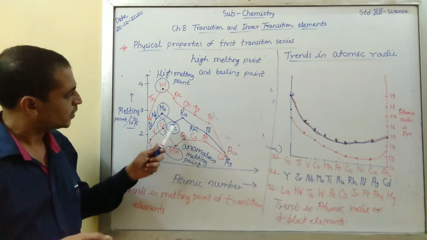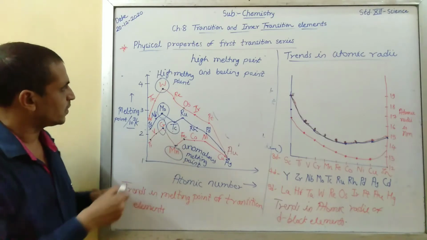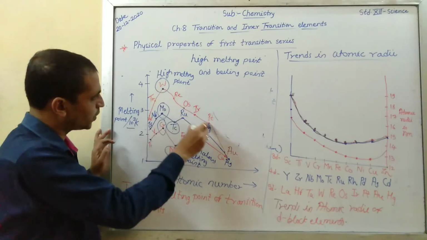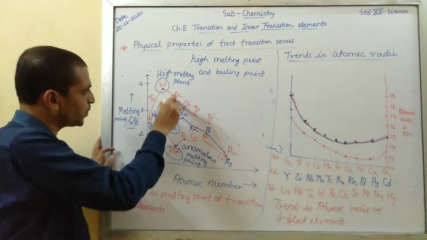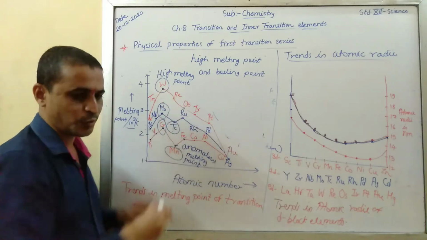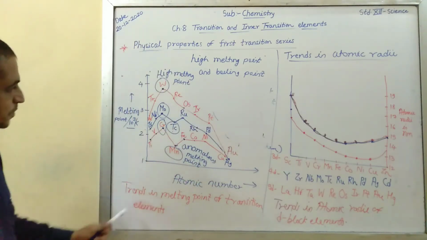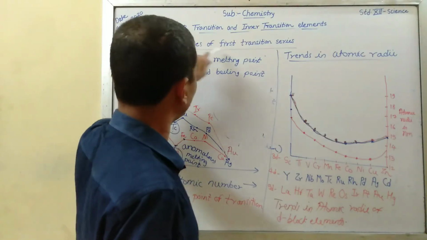Anomalous melting point means their melting point always varies. And after that, the melting point goes on decreasing. As the atomic number increases, the number of unpaired electrons decreases, and therefore they show a decrease in the melting point. I hope you understood this first point relating to physical properties of the first transition series.